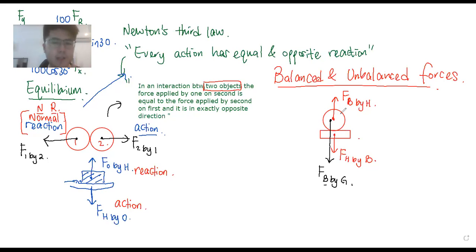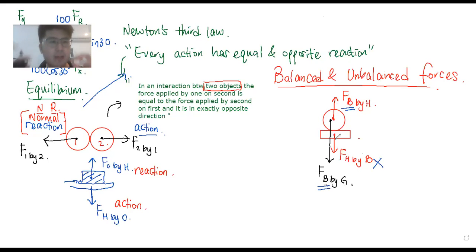So what do I mean? If you want to know whether the ball moves or not, you look at only these two forces. FB, the force on the ball. This one is also the force on the ball. So we don't look at this one. This one is the force on my hand.